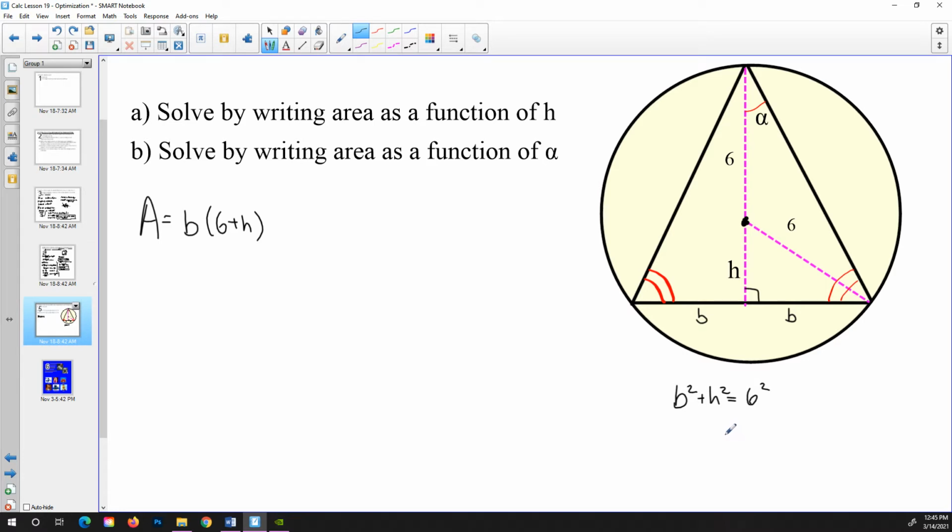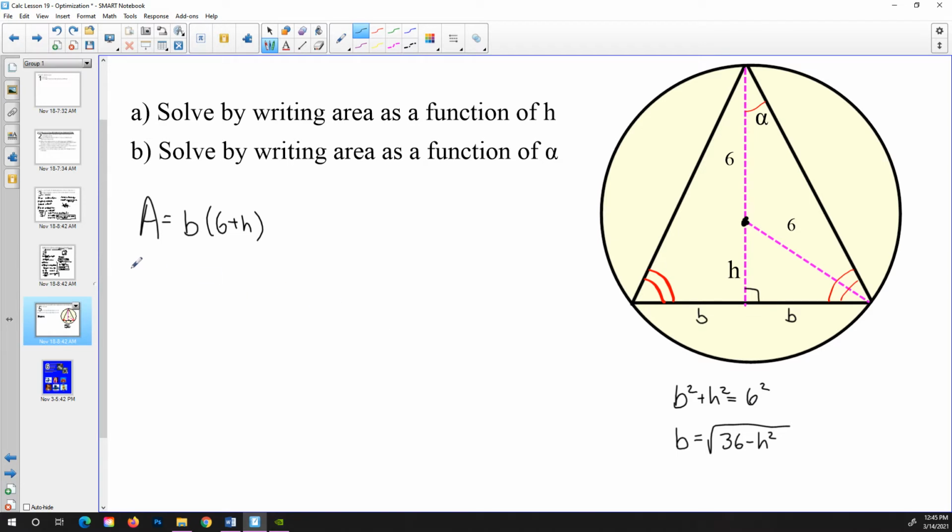And since I want to get rid of the b value, and I want to have just in terms of h, I can rewrite this as b is equal to the square root of 36 minus h squared. If I subtract h squared from both sides, I square the 6, and then I take the square root of that.